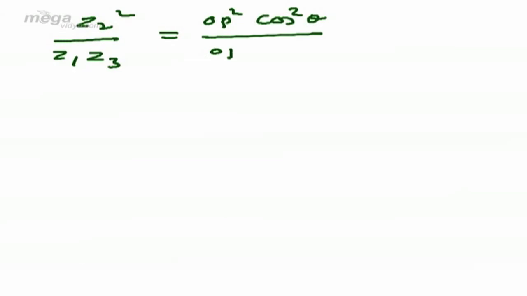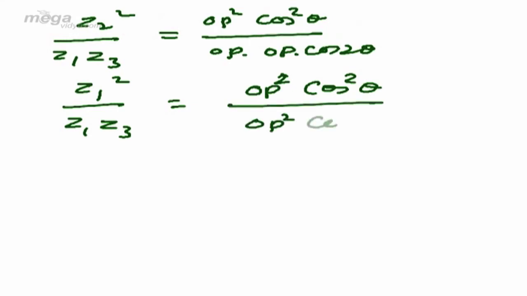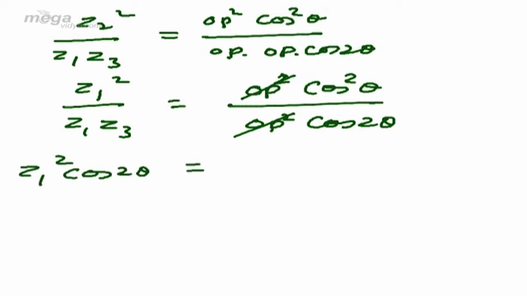So Z2 square divided by Z1 Z3 is equal to OP square cos square theta divided by OP square cos 2 theta. This cancels out. So Z2 square cos 2 theta is equal to Z1 Z3 cos square theta.